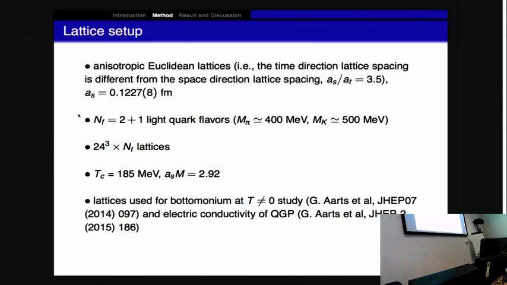The transition temperature in this setup is somewhat higher, and the heavy quark mass for the bottom one is like 2.92. This configuration has been used for different studies like electric conductivity, bottomonium and spectral function studies.